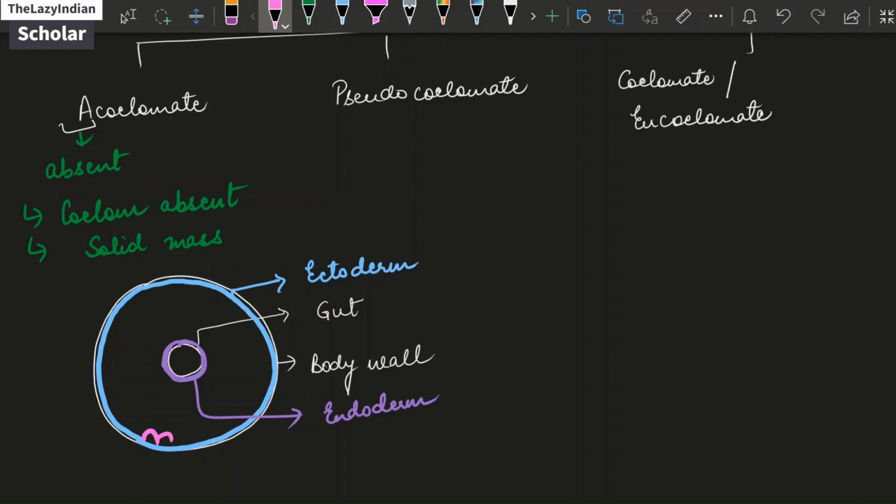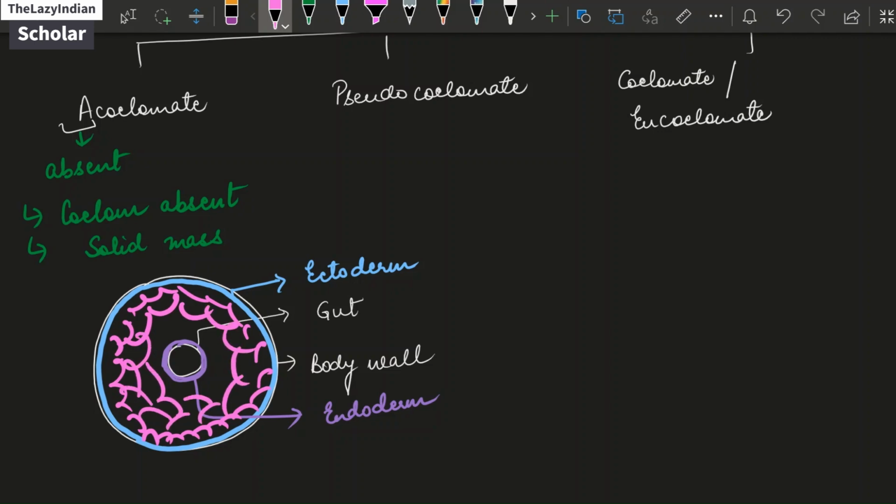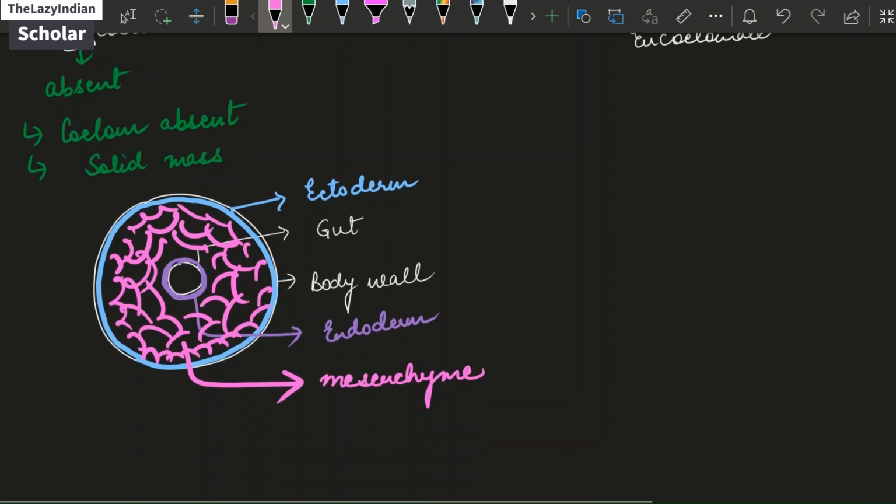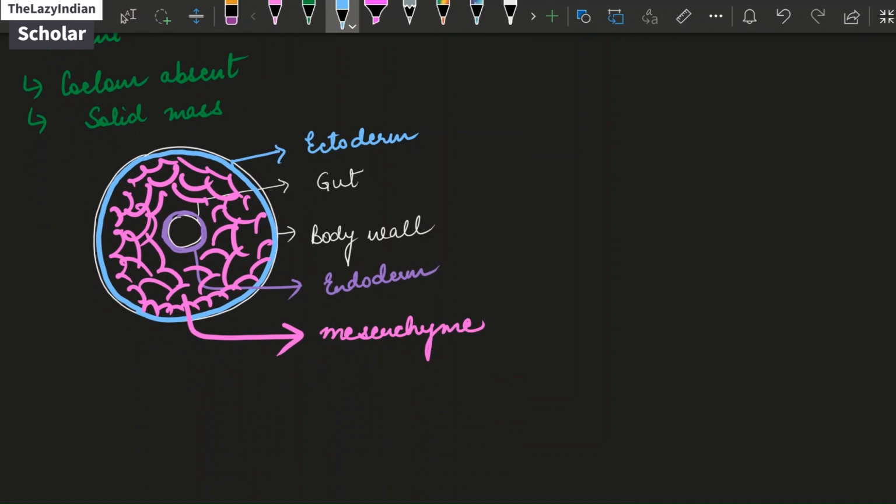And in between the ectoderm and the endoderm, another layer will be formed that is of mesodermal origin, known as mesenchyme. So this looks like a solid mass here, no cavity is present. Therefore, it is acoelomate. Examples are platyhelminths. That is the flatworms.